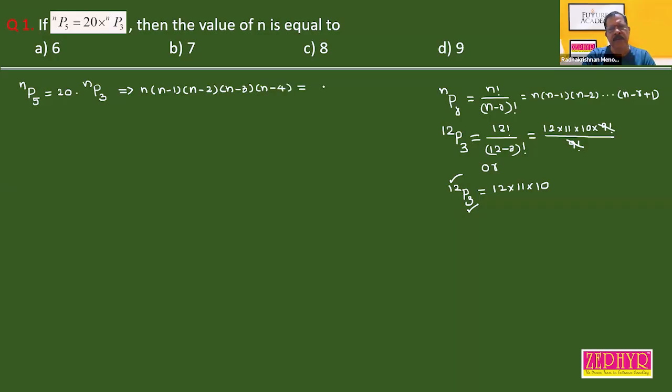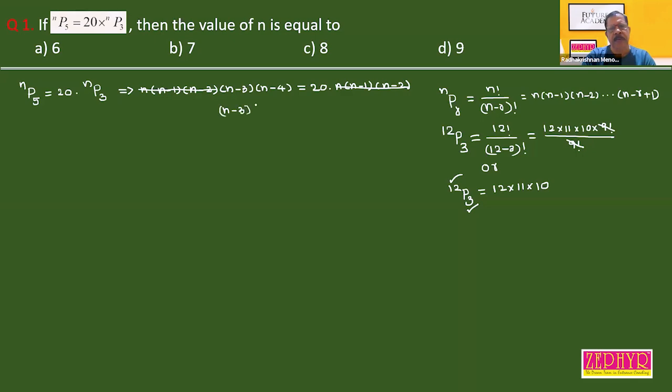On RHS, you have got 20 into, again, nP3. 3 natural numbers, n into n minus 1 into n minus 2. Okay. Here, n into n minus 1 into n minus 2 is getting cancelled. So n minus 3 into n minus 4.